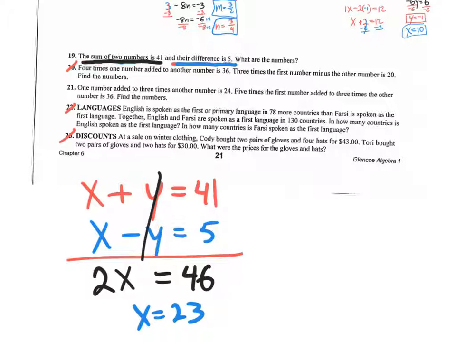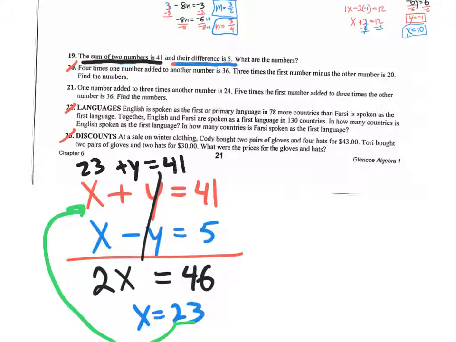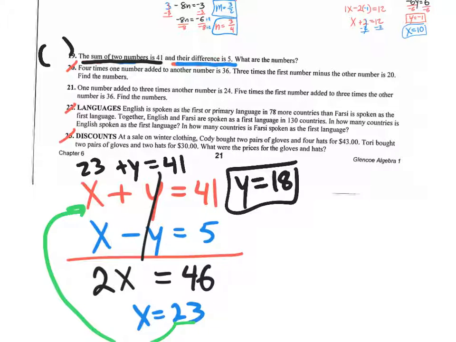So if I were to plug in 23 right over here, you'd end up with 23 plus y equaling 41. And if you subtract 23 on both sides, y will equal 18. So the final answer that you're supposed to write for number 19 is the ordered pair 23, 18.